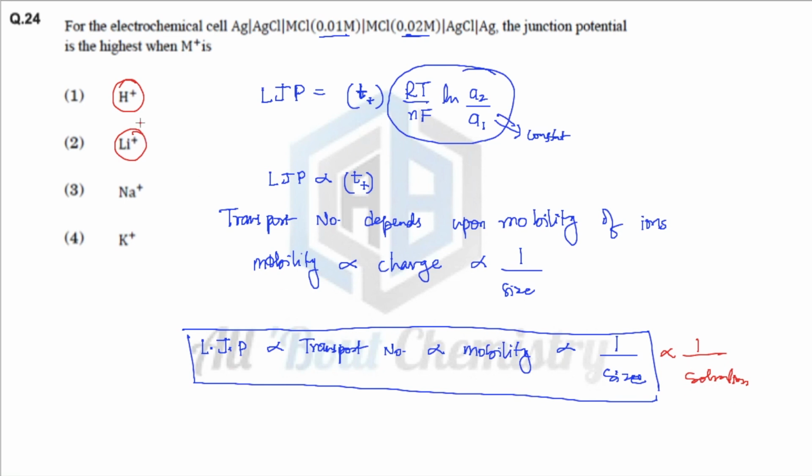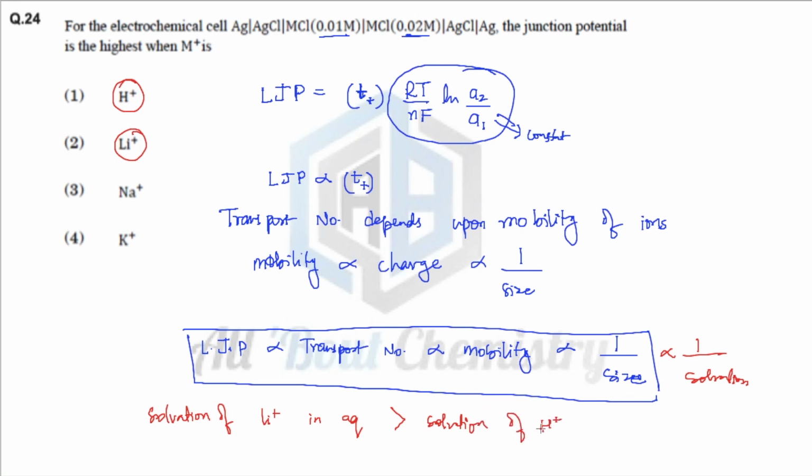For both these smaller ions, hydrogen ion and lithium ion, the size is small, but the solvation of Li plus in aqueous medium is going to be more than the solvation of H plus ion.